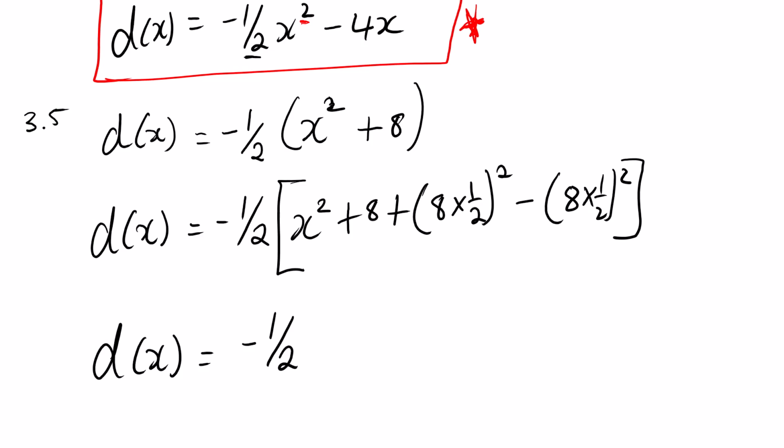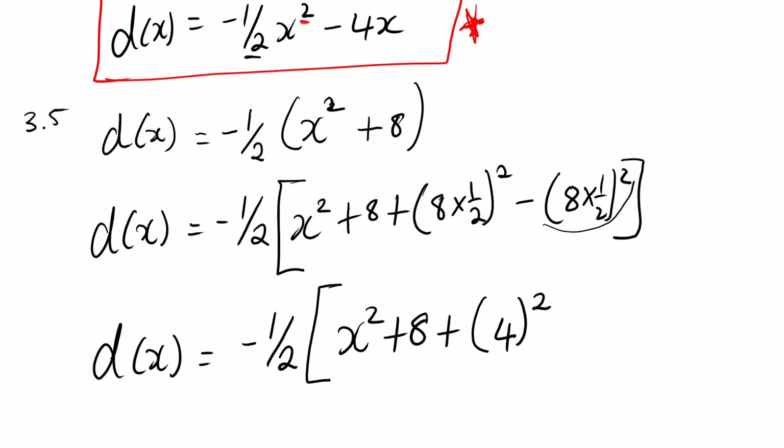Negative 1 over 2. Remember the first bracket, we simply simplify inside the bracket. So 8 multiplied by 1 over 2 is 4 squared, and then this one we simply simplify as a whole, so we have negative 16.